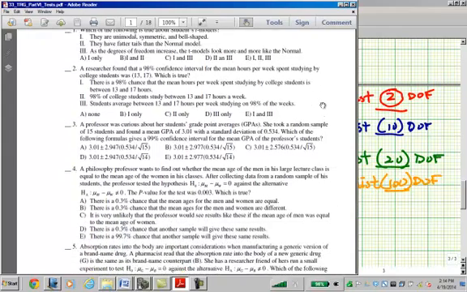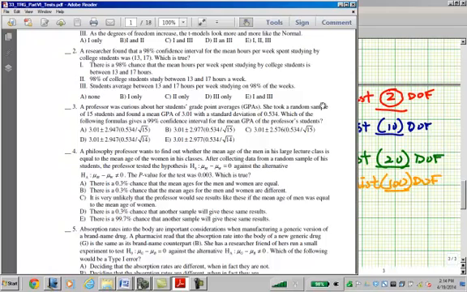We got a whole bunch of these. Which of the following formulas gives a 99% confidence interval for the mean GPA of the professor's students? Now, we know that the standard error for the sampling distribution has to be the standard deviation over the square root of n.